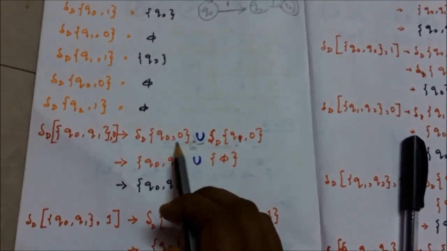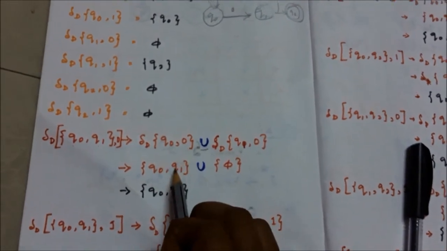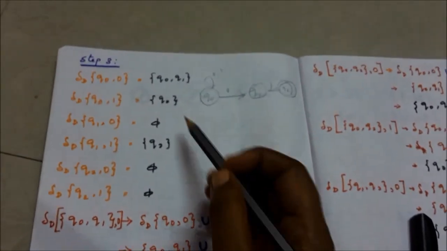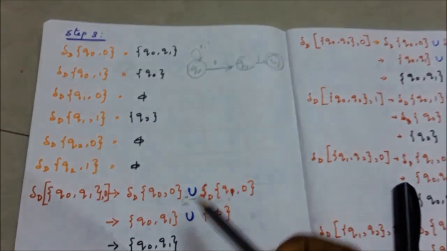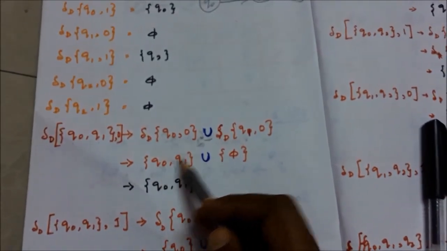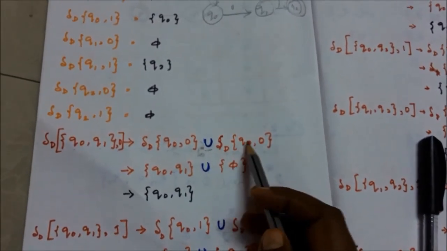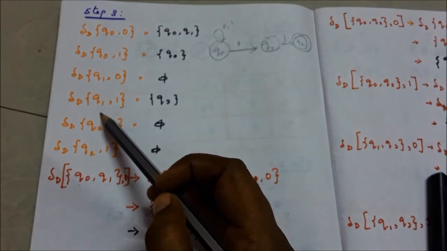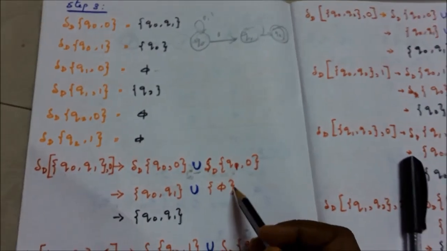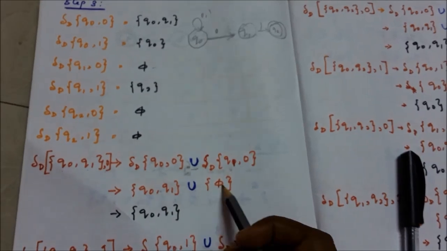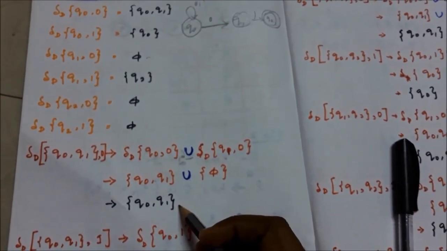We want to find the transition function of Q0 comma 0. Q0 comma 0, we know, is Q0 comma Q1. So we can write this and union the function Q1 comma 0. Q1 comma 0 is null value, so we will write null. And if we add these both, we will get Q0 comma Q1.